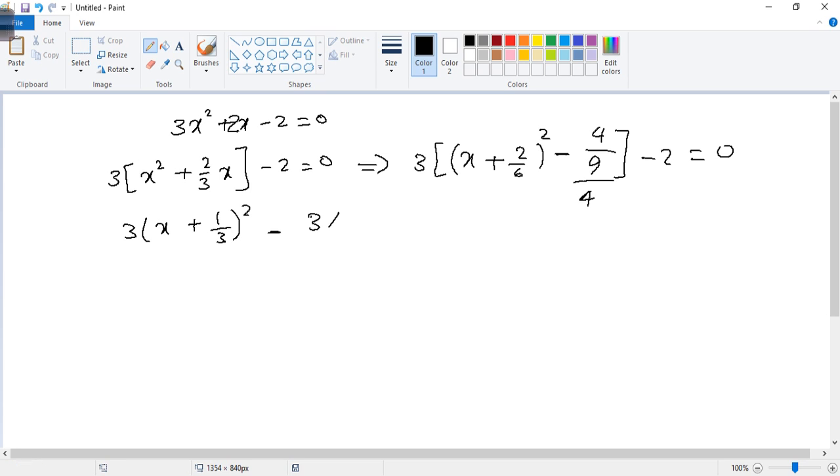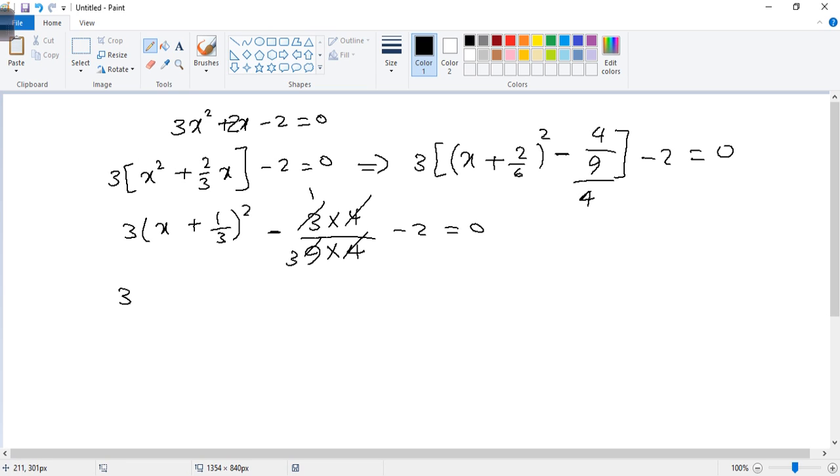It will be 3 times 4 over 9 times 4, and minus 2 equals 0. This 4 cancels this 4, and if we divide by 9 it is 3, so it will be minus 1 over 3.